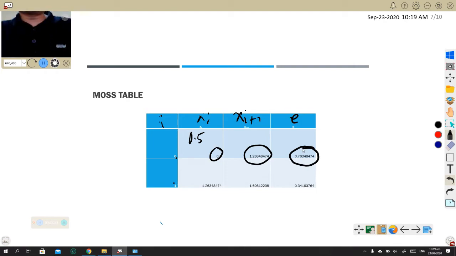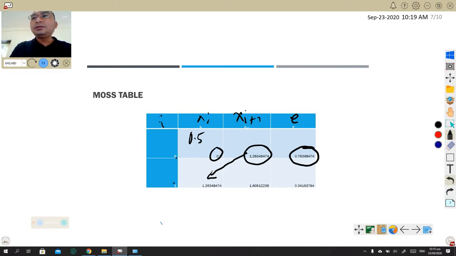Again, since Moss is an iterative method, as mentioned in step number 3, the value that we derived for xi plus 1 will be the next value of our xi. That's why we just copied this one here.